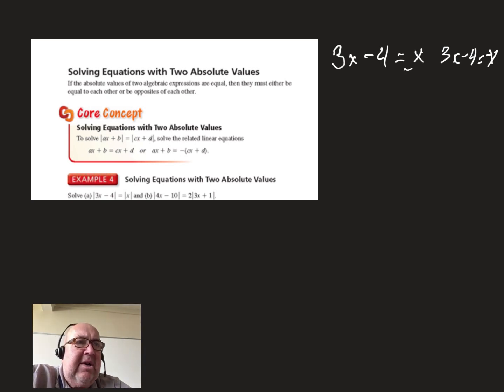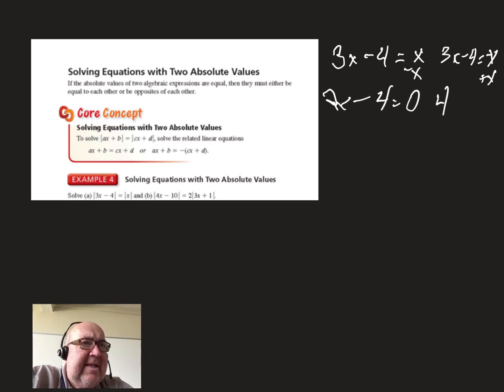So we're going to take our x's to the same side of the equation. We're going to add to the one that was negative. We're going to subtract from the one that was positive. So we're going to get 2x minus 4 equals 0, or 4x minus 4 is equal to 0. We're going to add 4 to both sides.